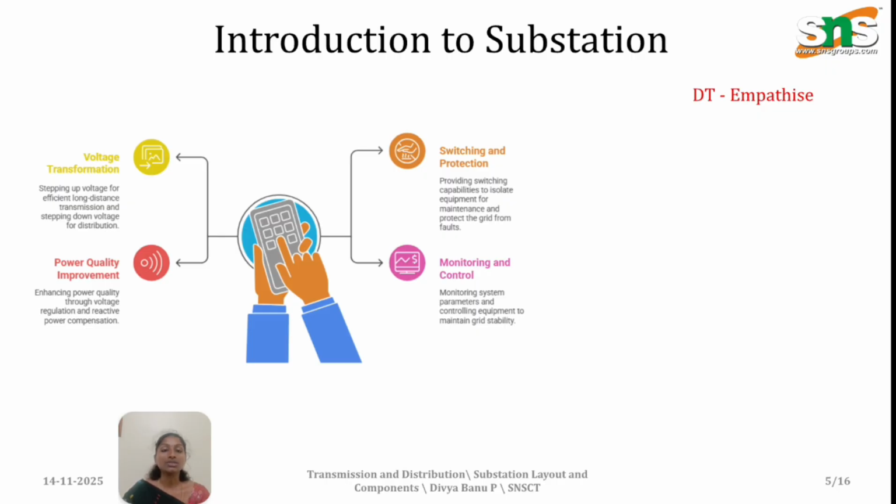Voltage transformation is the main part: a very high voltage travels from the generation part to the distribution part, and that very high voltage should be reduced to a voltage which can be supplied to the consumers. That process can be done only in the substation.